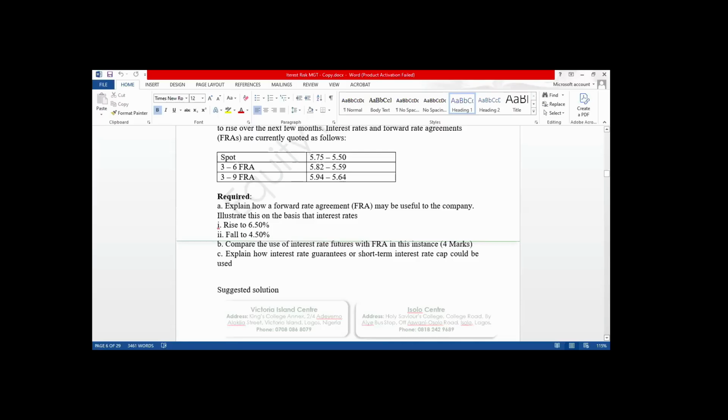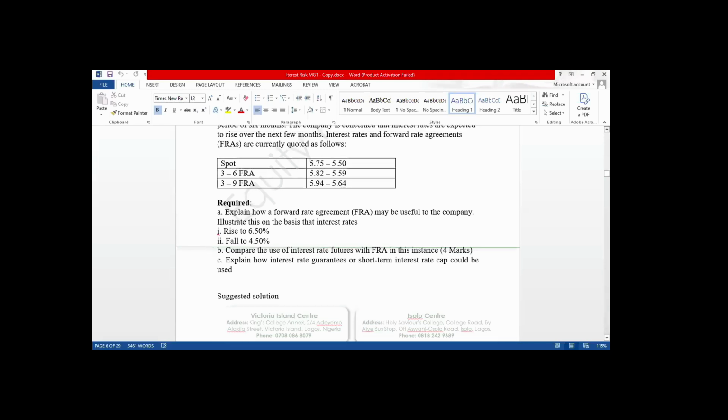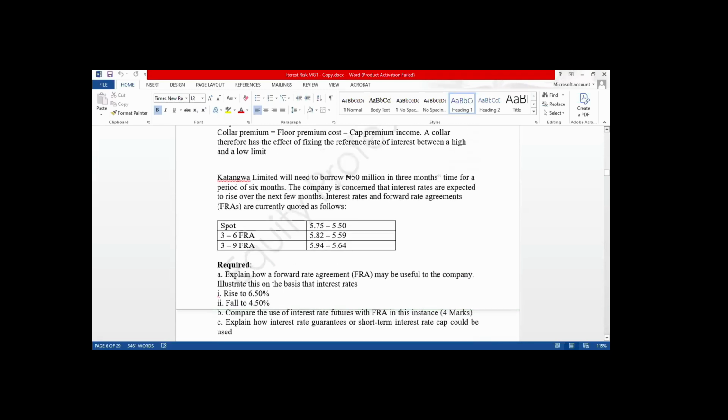All right. We are to explain how FRA agreements can be useful to Katanga. Now, before the explanation, our company wants to borrow money in 3 months' time for a period of 6 months, and we want to use FRA.